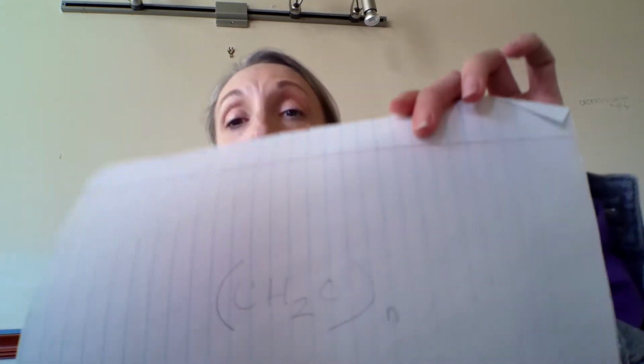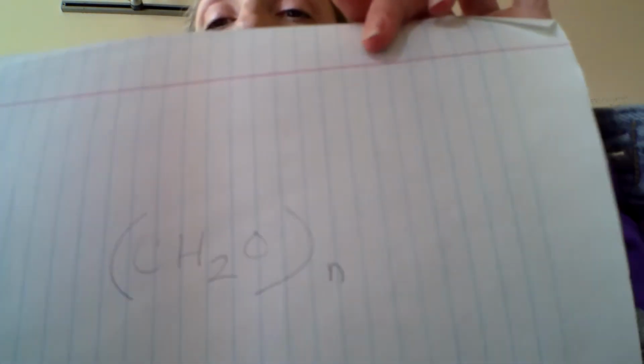And that's in parentheses, and then you have this odd little letter n out there. I don't know if you can actually see that right there. That's actually on your third one. I know that's really bad. Sorry about that. But what that means is that the CH2O is the basic general formula.